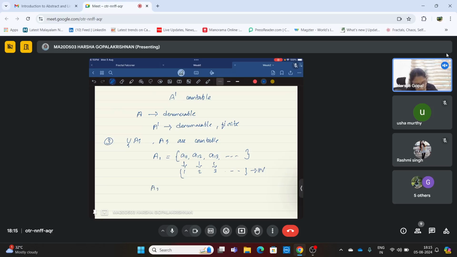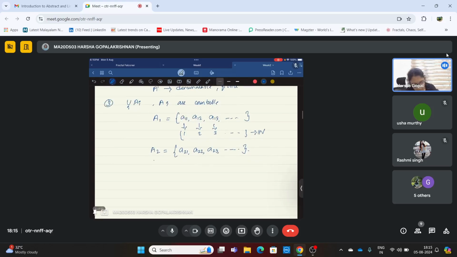In the same way for A2, corresponding to 2, I am listing the elements. All these elements are distinct from those of A1, since we already saw these are all disjoint collections. So this is A21, A22, A23 and so on. Fine.